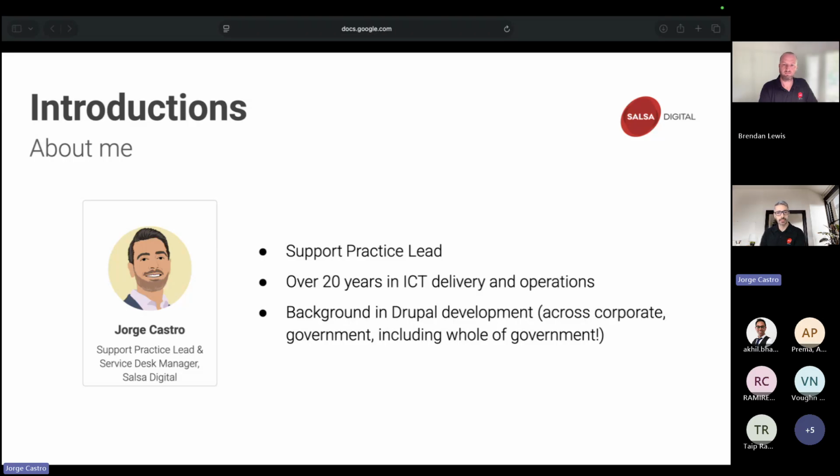I've been working in ICT delivery for about 20 years, a little bit more than that, showing my age, both in corporate and government environments, including whole of government. Here in WA, I'm based in Perth. And I have a technical background. I used to be a Drupal developer, a Drupal technical lead back in the day.